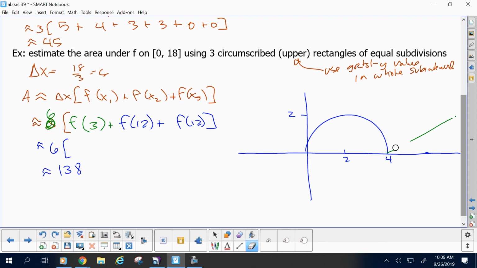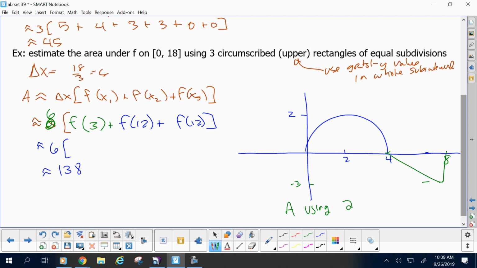Actually, let's go here. I'll go this way. Get some sine action in there. If I said, hey, what's the area under the curve? Estimate the area using 2 midpoint rectangles.